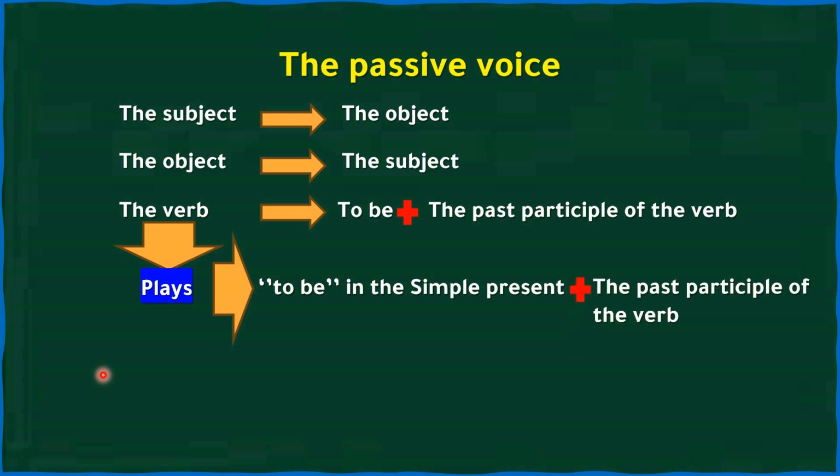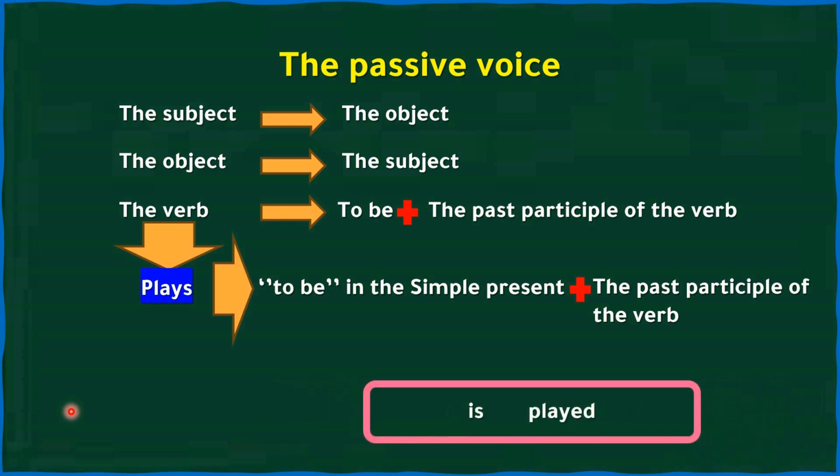The past participle of the main verb play is played. It is a regular verb. Regular verbs always take ed in the past participle. So we say is played.